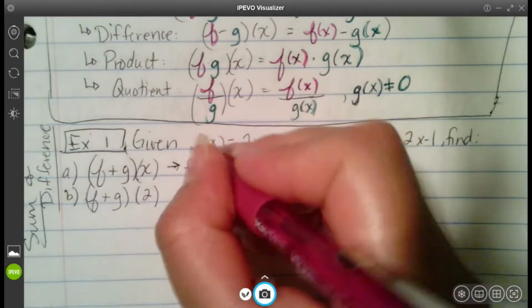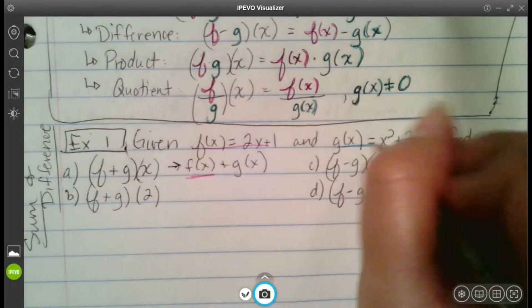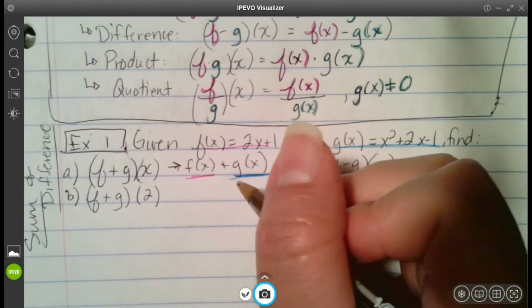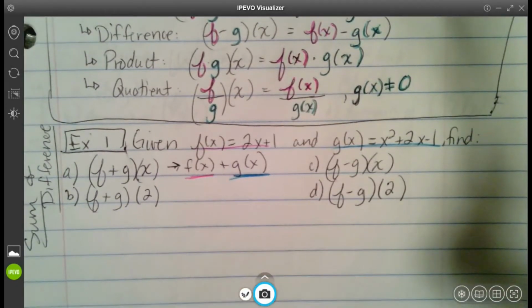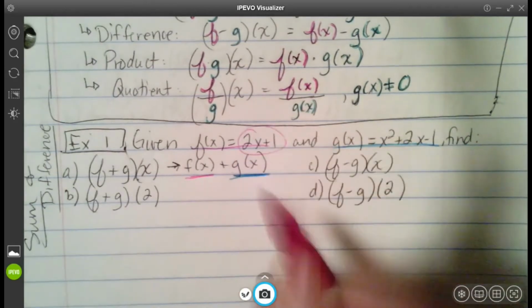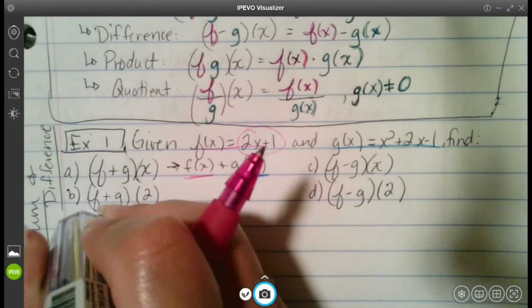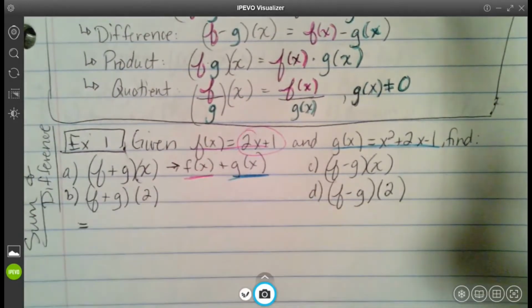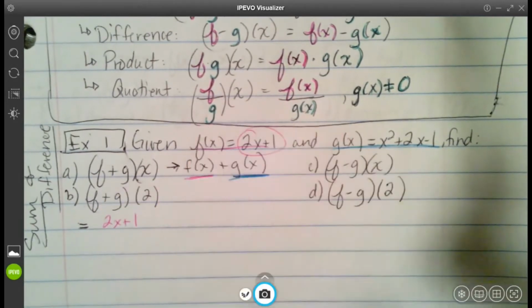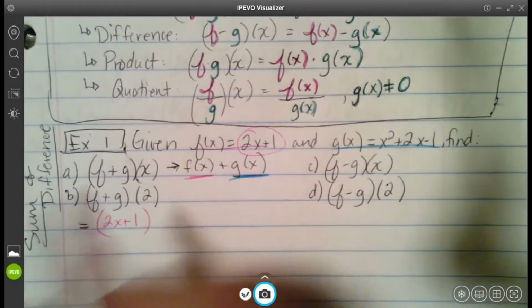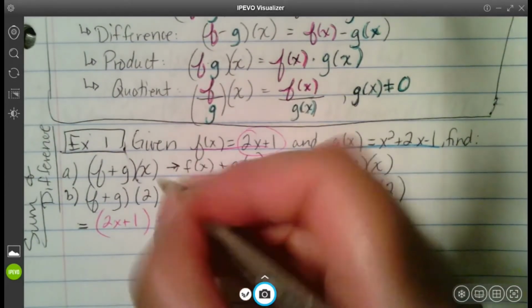If this is f, we're going to do this piece right here, and if this is my g function, then it's going to be that piece right here. I'm going to put that right here, but instead of writing f of x, I'm going to write what it's equal to. So for letter A, 2x plus 1, all in parentheses, plus g of x.